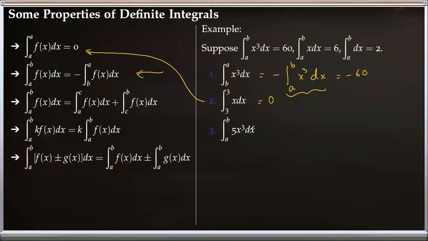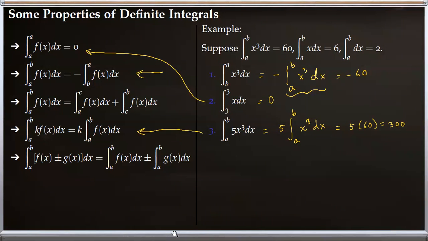Again, we want to try to write this expression in one of the forms given. For this one, using this property, we can move the constant 5 around the integral sign. So this becomes 5 times integral a to b of x cubed dx. Now integral of x cubed from a to b is given to be 60. So this comes out to be 5 times 60, which is 300.